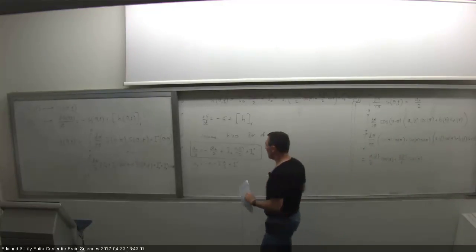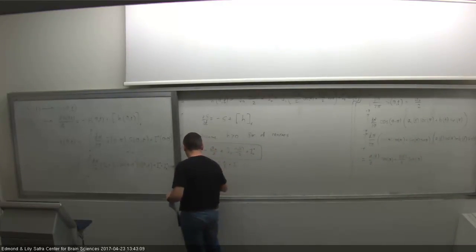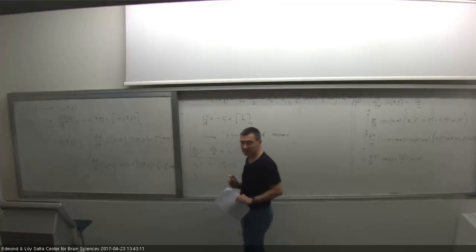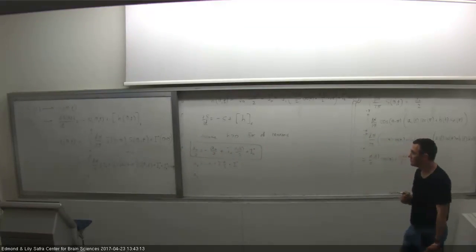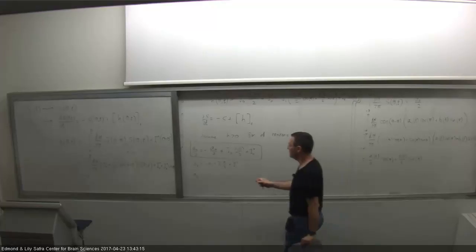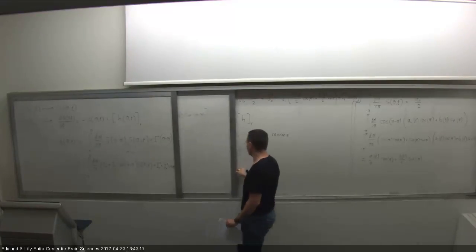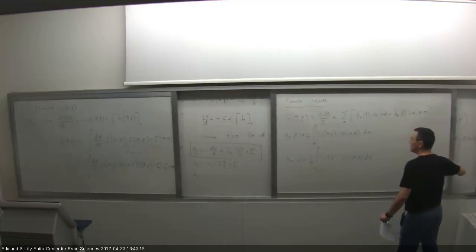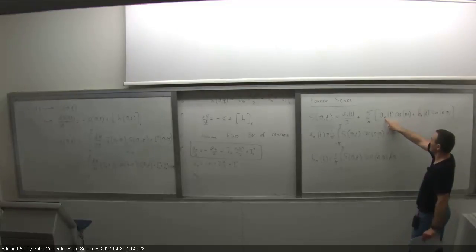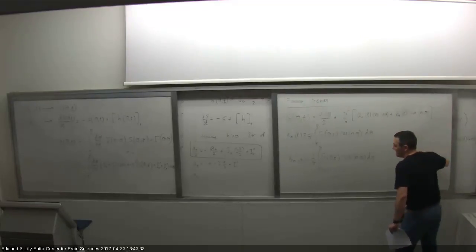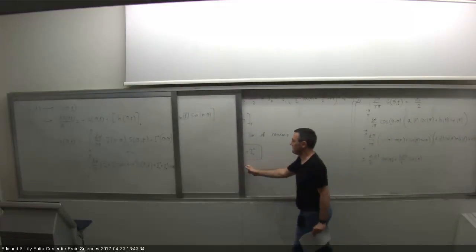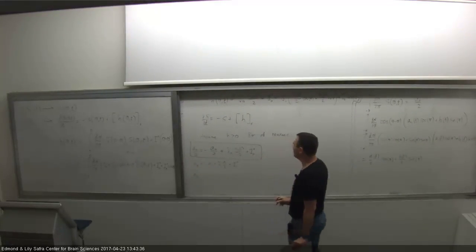Okay, what about A2 dot? Let me remind you what A2 dot is. A2 dot is the coefficient of cosine 2 theta. So what can we say about A2 dot?